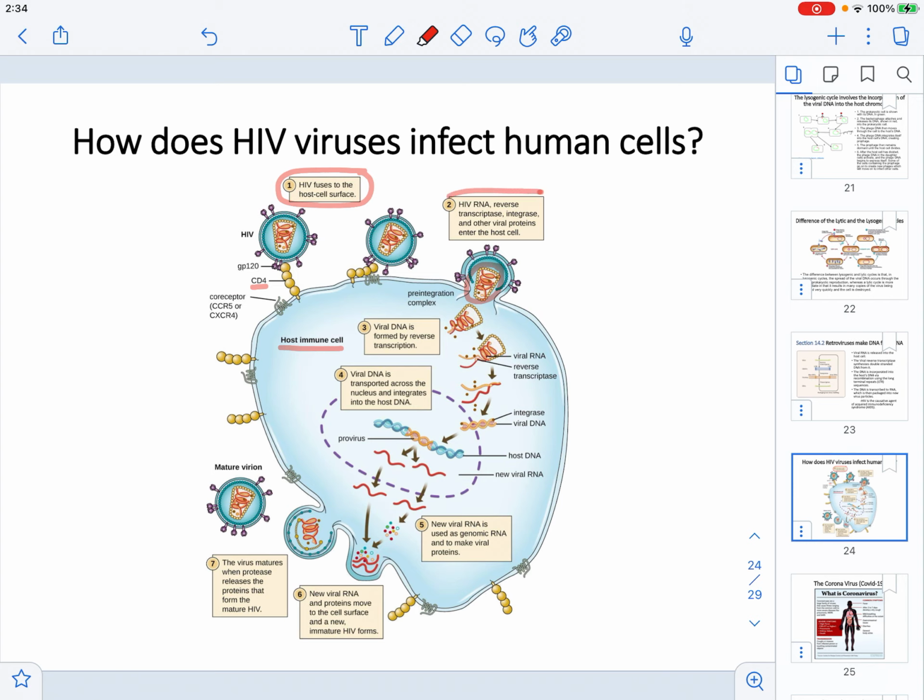Let me highlight step 2. The viral DNA is formed by reverse transcription. Remember, reverse transcriptase is the enzyme that takes that RNA back to double-stranded DNA in the host cell.